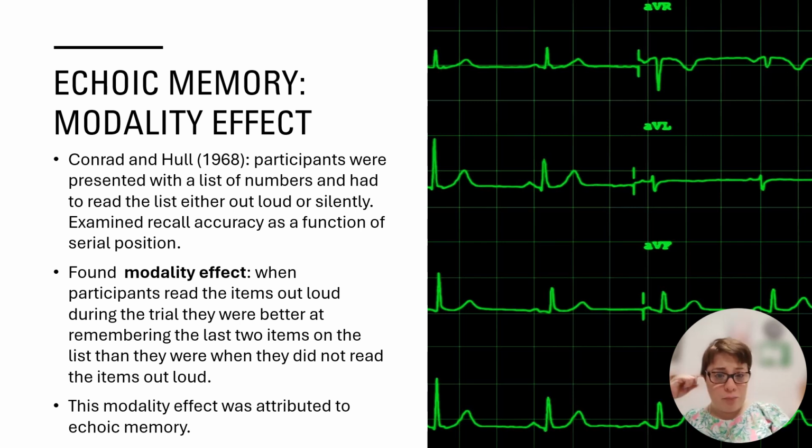And so Crowder and Morton, 1969, proposed the pre-categorical acoustic store model, or the PASS model, to account for the suffix effect and the modality effect. So the PASS model was essentially the same as Neisser's concept of echoic memory, a large capacity, pre-categorical, modality-specific memory store that lasted for about 2 seconds.